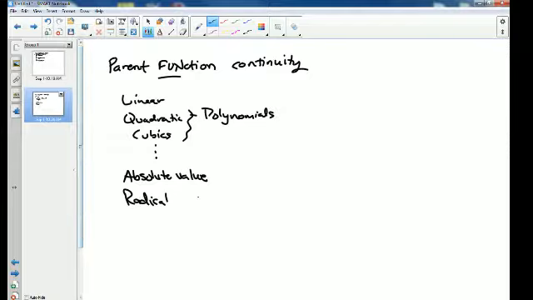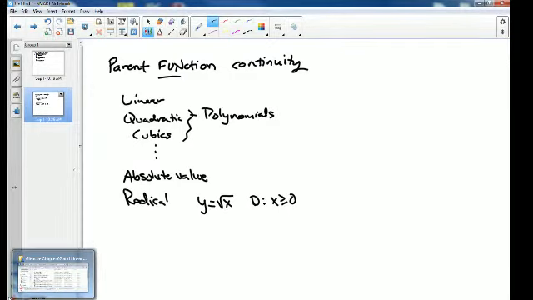What's the domain of this radical function? X must be 0 or greater. It can't be a negative number, so on its domain, it's continuous. So be careful there. All right, what else?